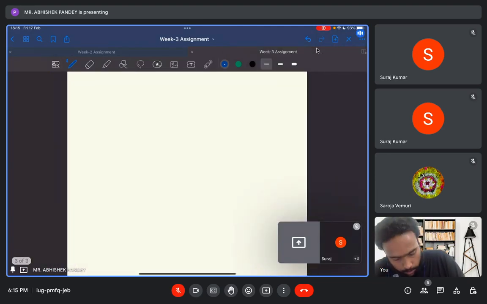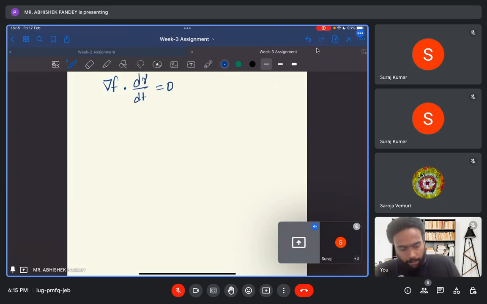This gives you that del f dot d gamma by dt is equal to 0. That is, del f is orthogonal to d gamma by dt.